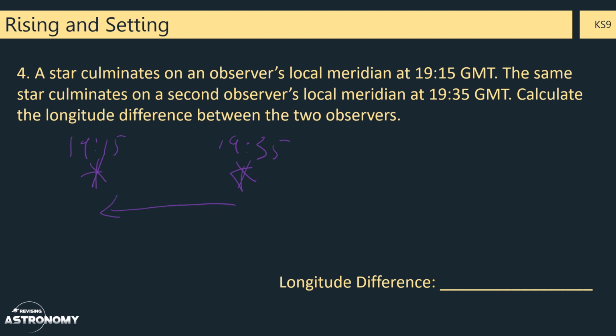Well, we can look at the time difference between when that star culminated, and we can see that there are 20 minutes between 1915 and 1935. Now we know that 1 degree is equivalent to around 4 minutes. So to go from 4 to 20 minutes we times by 5, and we do the same on this side, which gives us 5 degrees. So the longitude difference between those two observers is 5 degrees.